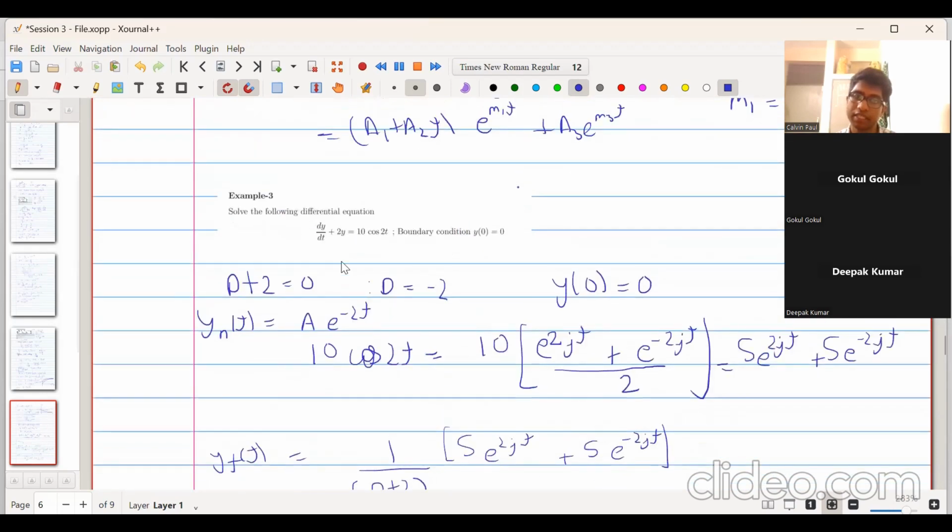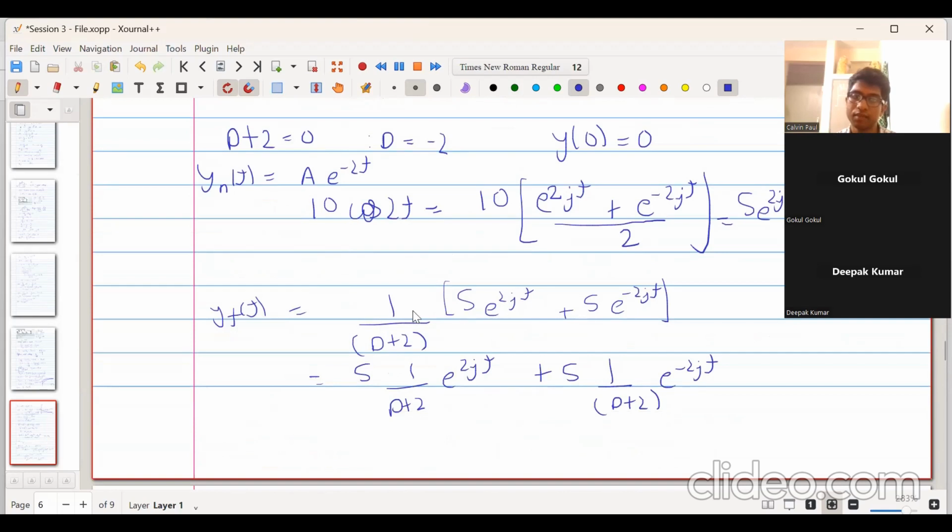Similarly, we considered one differential equation with a forcing function, and we tried to understand how to find the response of the system due to the forcing function, which we did like this. There's a differential operator D, and the constant we can take out.